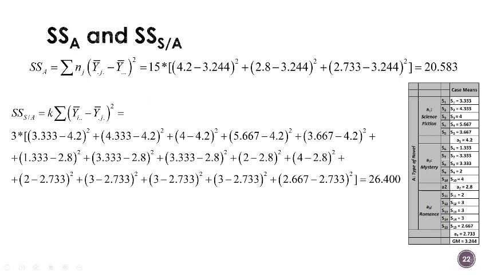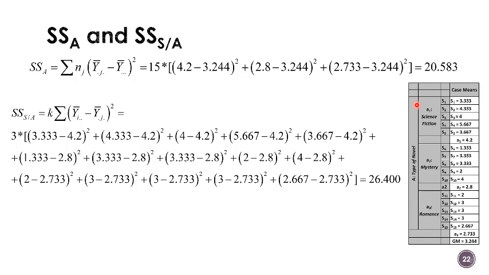Looking at SSA, here's our A1 mean, A2 mean, and A3 mean. That's the 4.2, 2.8, 2.773, all subtracting out the grand mean and multiplying by 15, because each one of these means really is the average of 15 things. It just looks like 5 because each one of these 5 things is the average of 3 things.